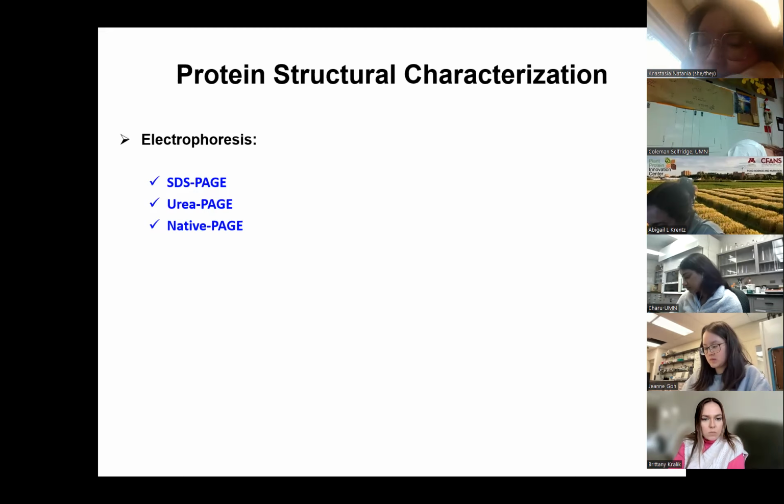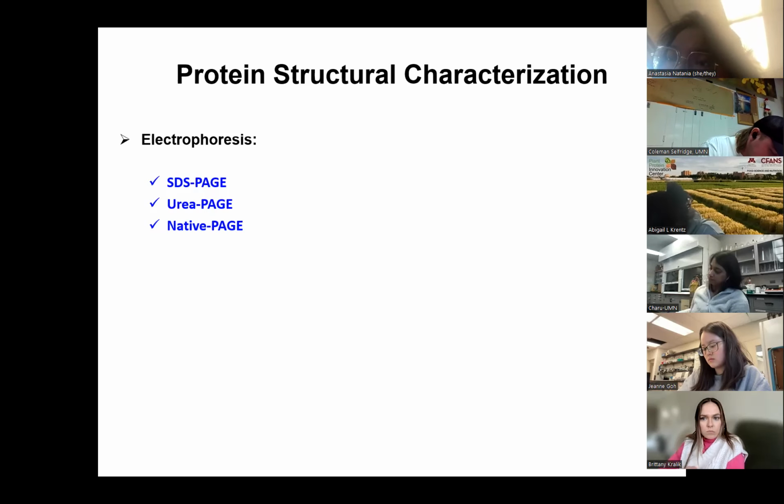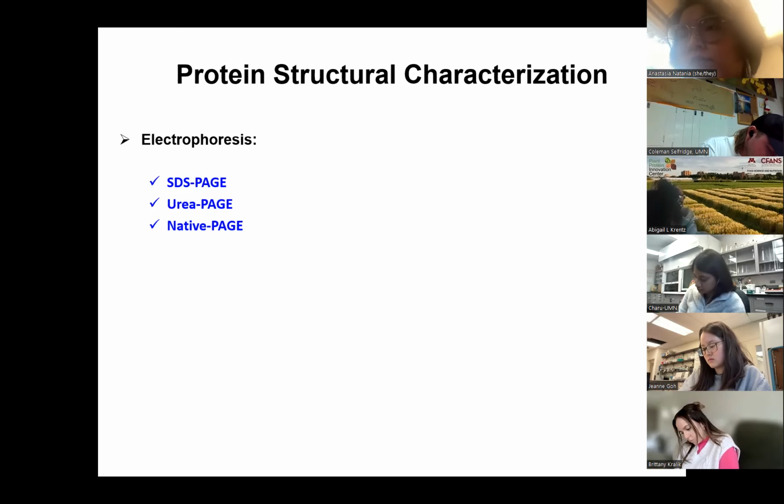The higher the percentage of acrylamide, the smaller the pore size. Depending on the size of the proteins that you want to separate, you can decide on the percentage of acrylamide. Usually for peptides, we use above 18% acrylamide. If we have a mixture of proteins that vary in their molecular weight, we usually use what we call gradient gels.